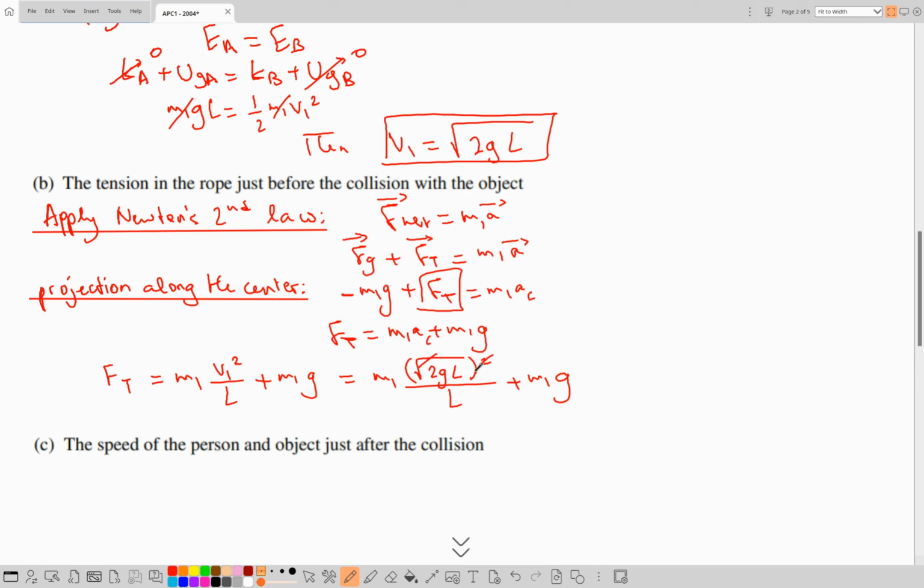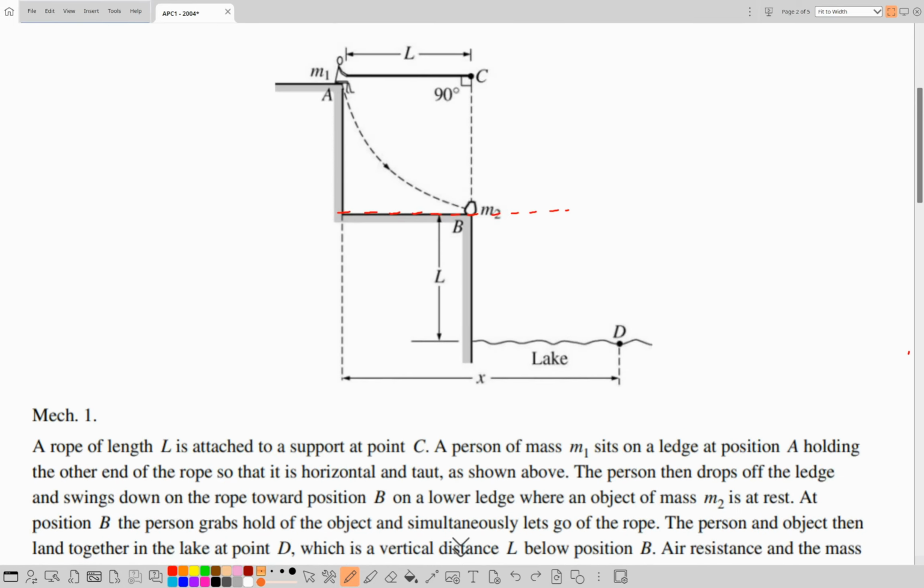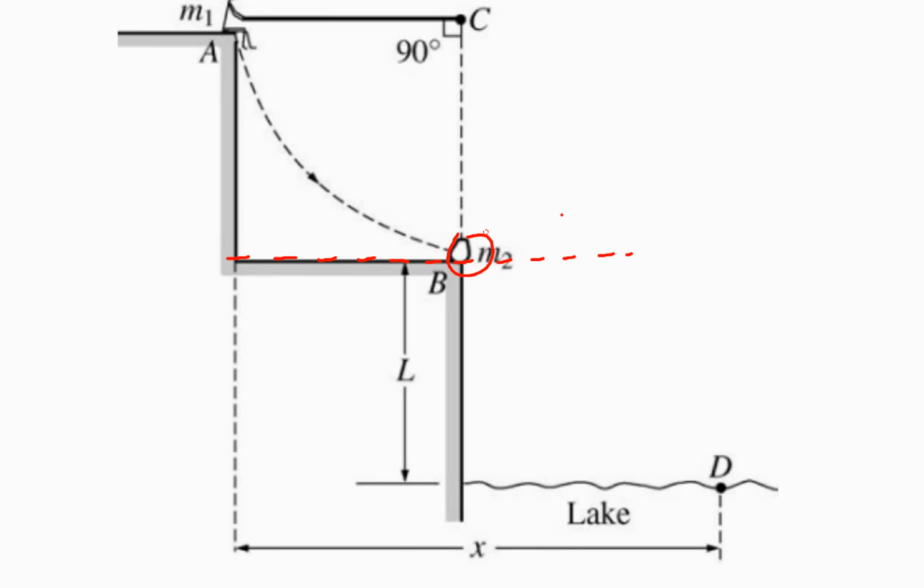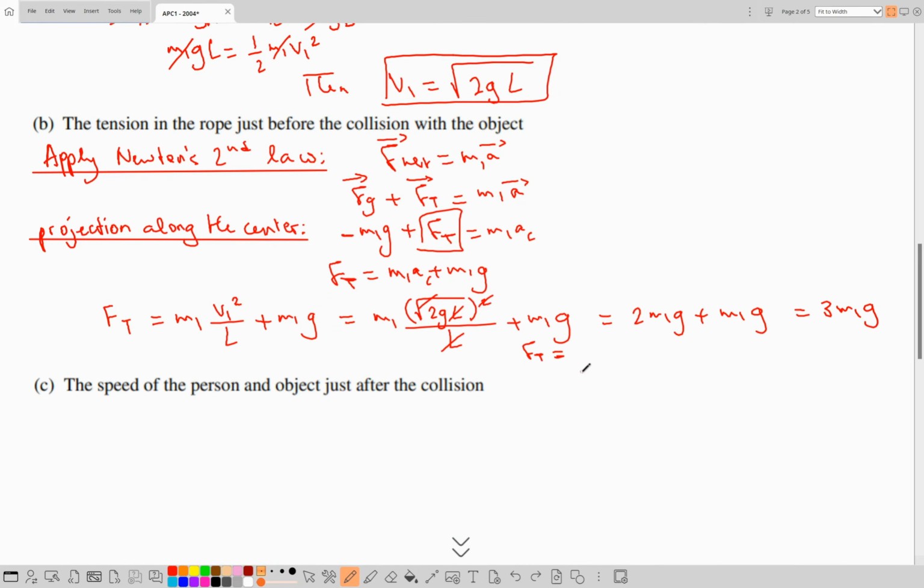So this power 2 cancels with the radical, L cancels with L, then we're left with 2 m1g plus m1g, and that would give us 3 m1g. So the tension along the string at the person at point B just before colliding with this object is given by 3 m1 multiplied by g.